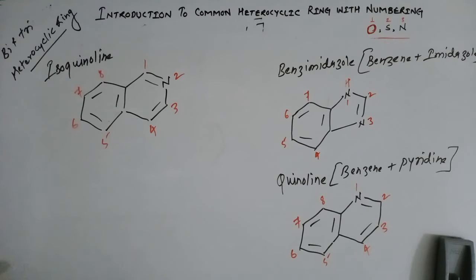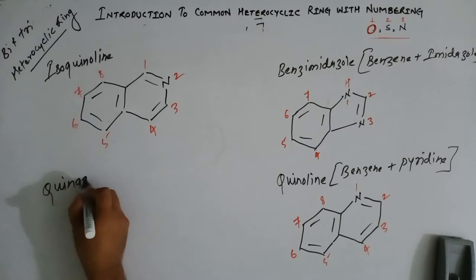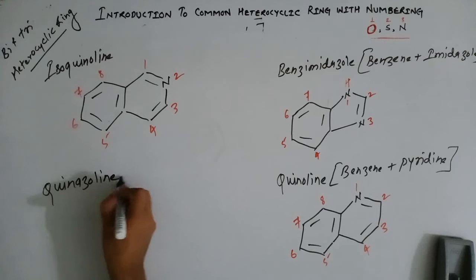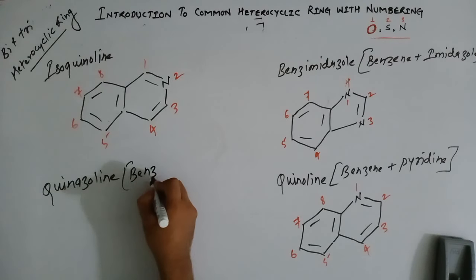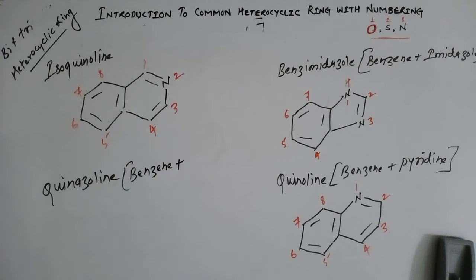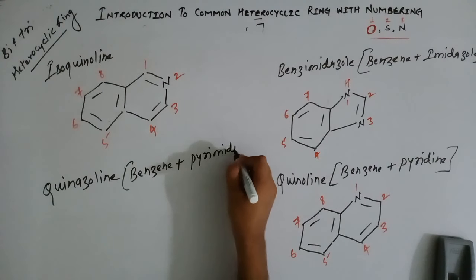Now, the next structure is quinazoline. Quinazoline is made up of benzene plus pyrimidine.